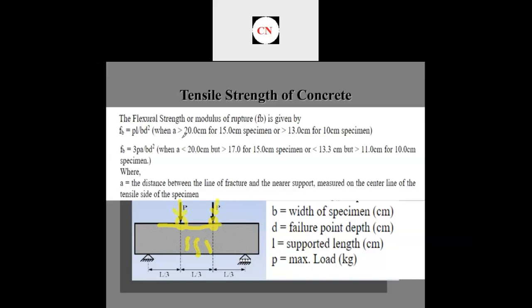This crack is formed at a distance greater than 20 centimeter for a 15 centimeter specimen, that is, depth of the specimen, or the crack distance is greater than 13 centimeter for a 10 centimeter specimen.